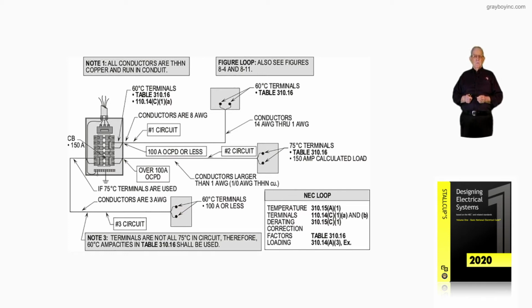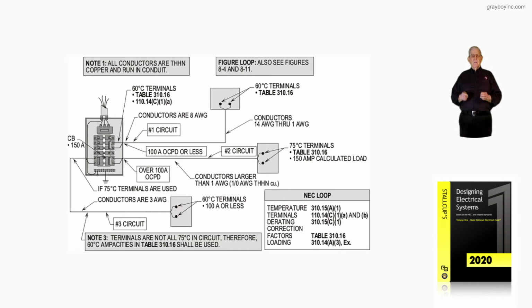And then our Table 310.16 lists the ampacity of a THHN conductor based upon its size and its material, copper, aluminum, whatever it may be. The loading now is 310.14(A)(3) exception, which is important to review.